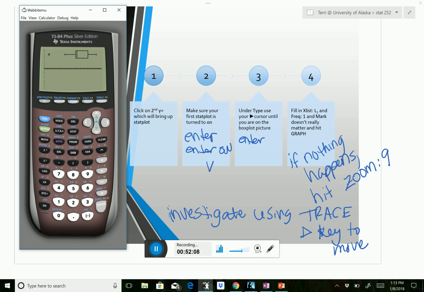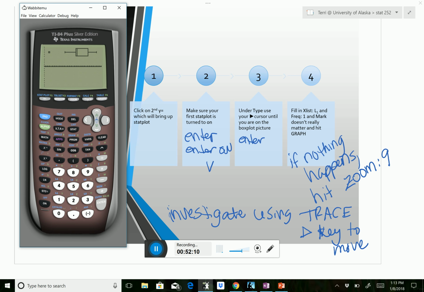If I hit trace and go back here one, the minimum X is 20, which is an outlier, but the next one's 37. And the median and the first quartile are very close. So what this tells me is that I have skewed data.